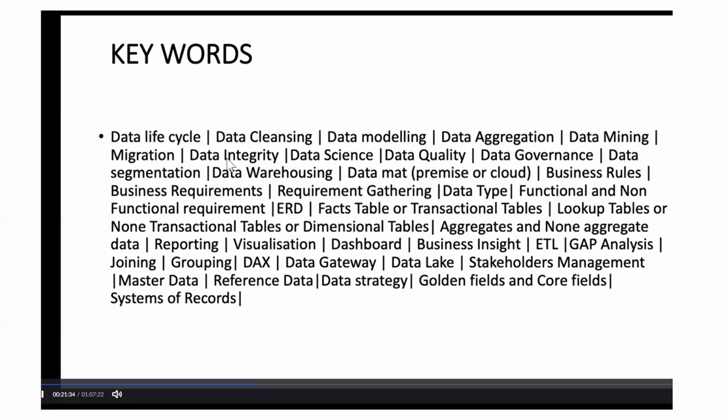Then I'm seeing data integrity here. From the word integrity, how true is the data that you're working with? So if I've got a sales table that I'm working with in team A in the organization, and team B also has a sales table that they are working with, and the two sales tables are meant to be representing the same thing, then we shouldn't have different values in them.